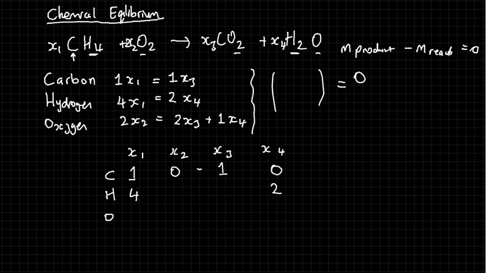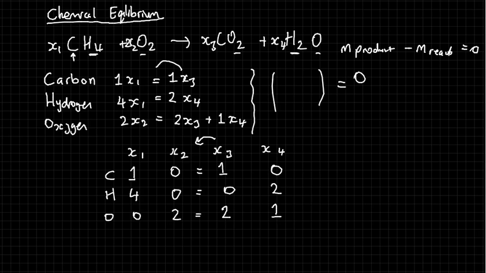For hydrogen, I've got 4 in the x1 position, and 2 in the x4 position, and these are 0 and 0. So I've got 2 in the x2 position, 2 in the x3 position, and 1 in the x4 position.